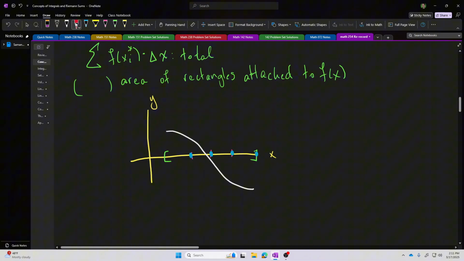If I plug each of those xi stars into the function, I get my f of xi star from the corresponding location on the graph. And so now I can see that some of the outputs of the function, some of the quote-unquote heights of the point, are negative because they are below the x-axis.